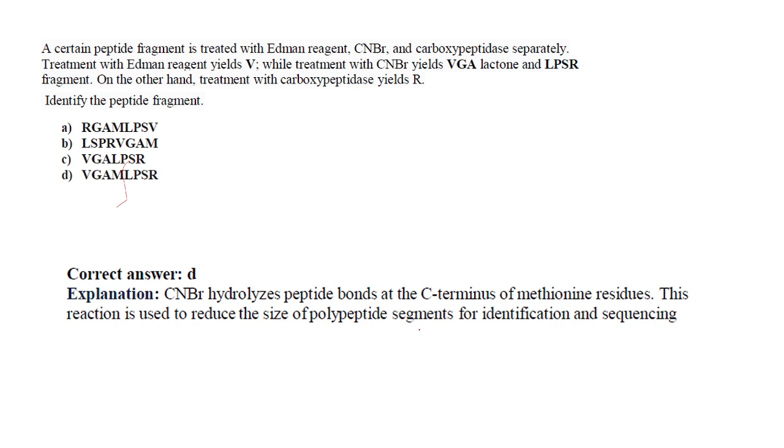This reaction is used to reduce the size of polypeptides for recombinant sequencing. The Edman reagent will degrade the N terminus, so the N terminus is V. It will remove the methionine, then LPSR, and R, and carboxypeptidase stops at the C terminus. So option D is correct. Okay.